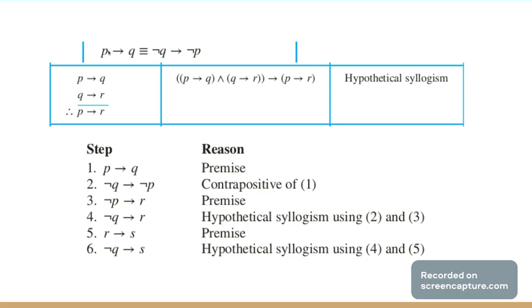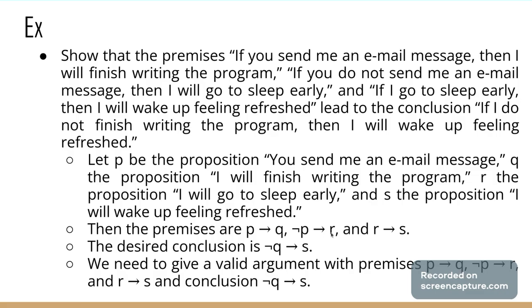So we had seen that P implies Q is equivalent to not Q implies not P. Using that, we convert the first premise to not Q implies not P. Then we take the second premise, which was not P implies R.